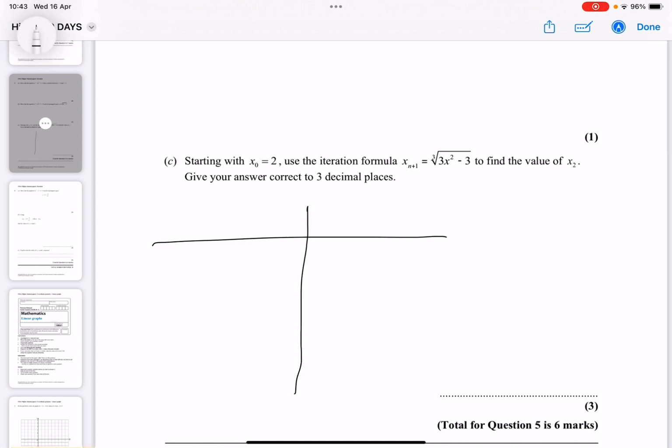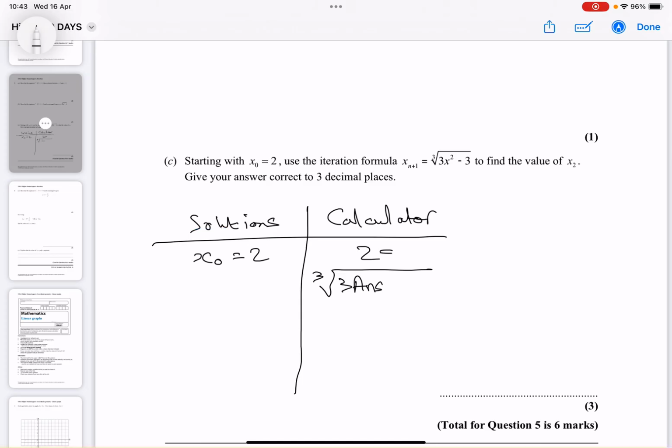Right. x0 equals 2. Solutions, calculator. 2 equals cube root of 3 Ans squared minus 3. x1 equals 2.0800838. x2 is what it wanted.